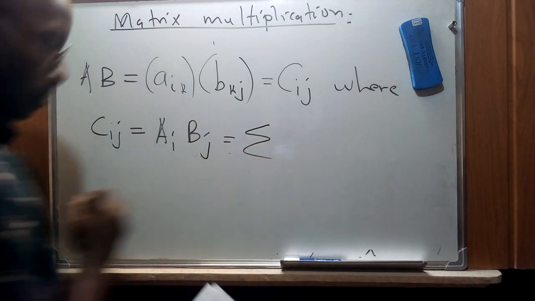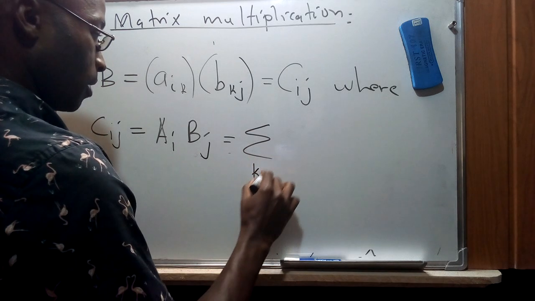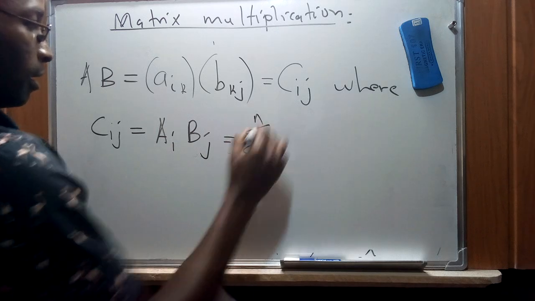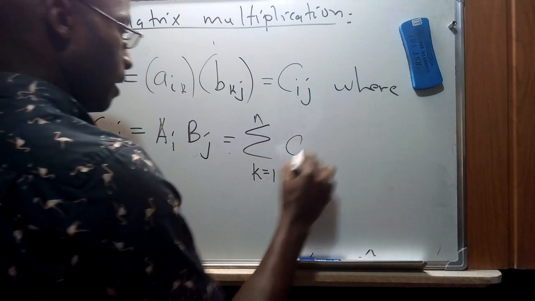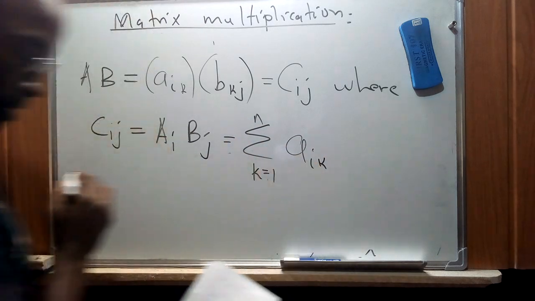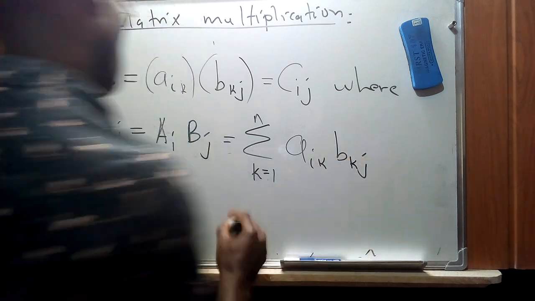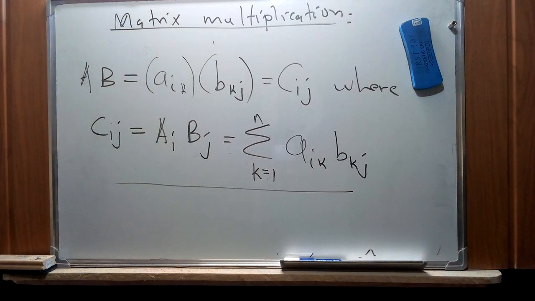That gives a summation from k = 1 to n of Aik Bkj. So this is a general representation of the multiplication of our matrices A and B.